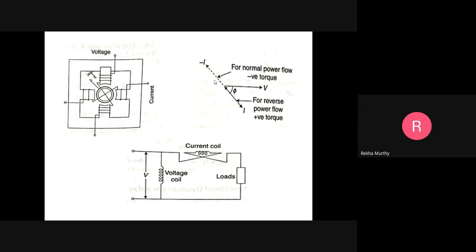Make sure that at the abnormal condition, the torque produced should be V × I cos φ, with no negative symbol; it is positive. But at the normal condition, we assume that the current or power is flowing in the reverse order, that is −I, as you can see in this phasor diagram. That is the meaning of having a reverse power or directional relay.